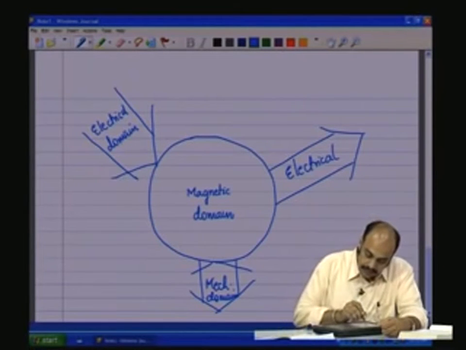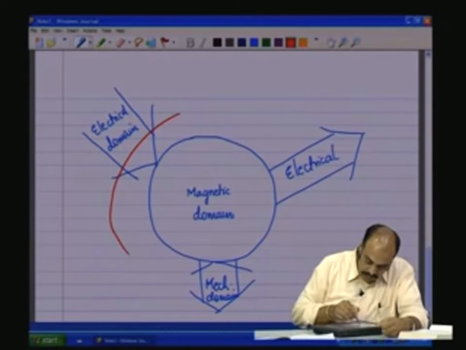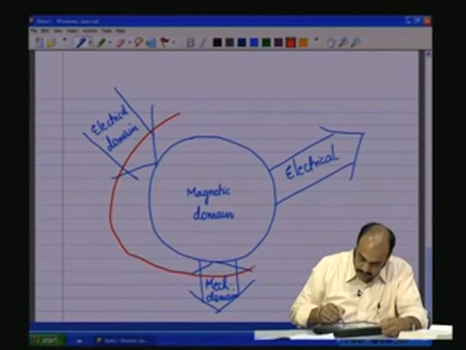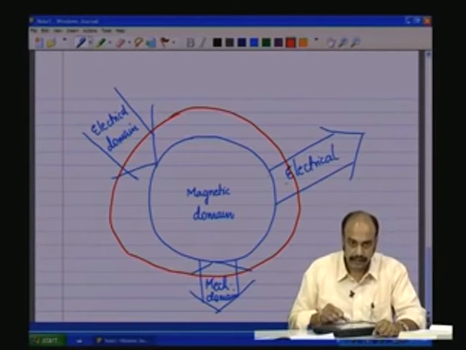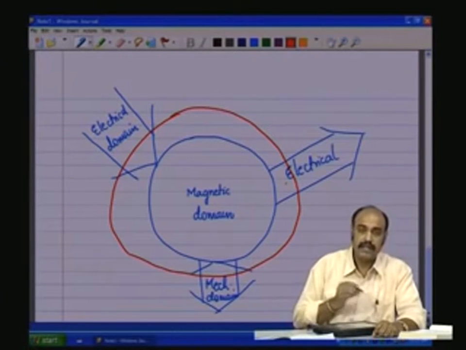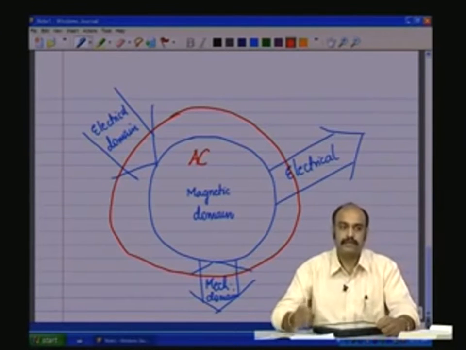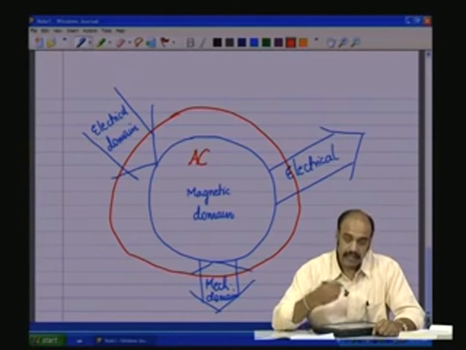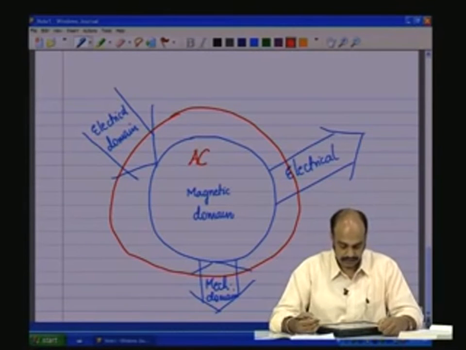And all these areas, including the interfaces between the electrical and magnetic, and within the magnetic, they are always AC. And in many applications, it is not single phase AC, it is 3-phase AC.